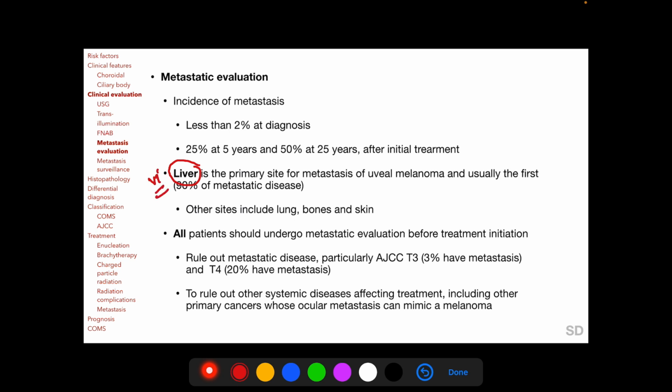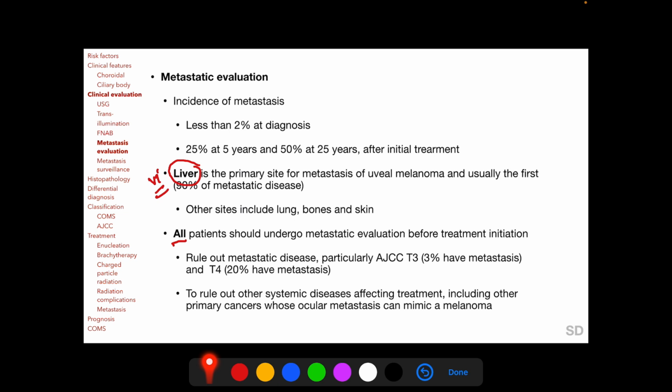Other sites for distant metastasis include lung, bones and skin. All patients of choroidal melanoma should undergo metastatic evaluation before treatment initiation to rule out metastatic disease at diagnosis, and this is particularly important for patients with tumors in category T3 and category T4 of AJCC. We'll come to these categories a little later in this session.